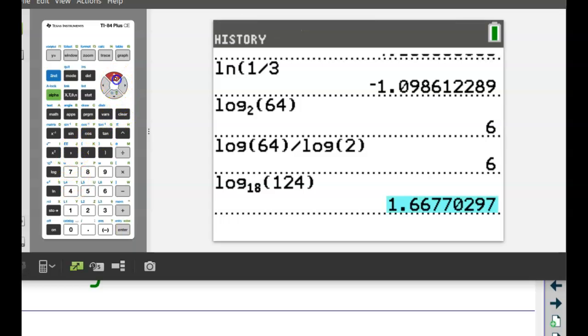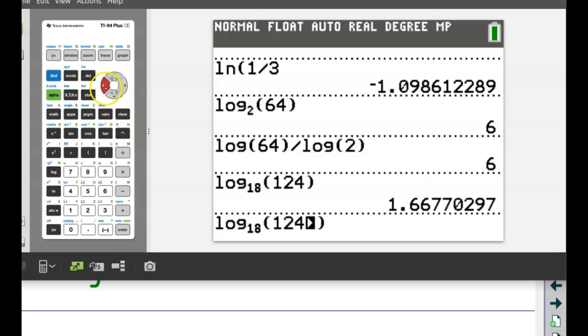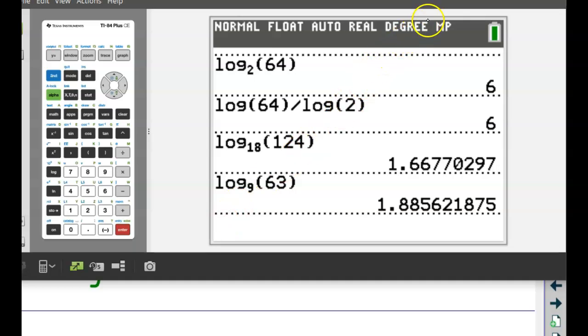Again, I'm just going to see if I can go back in and type in here. Was it 9 and what was the other one? Does that look right? Log base 9 of 63, 1.886.